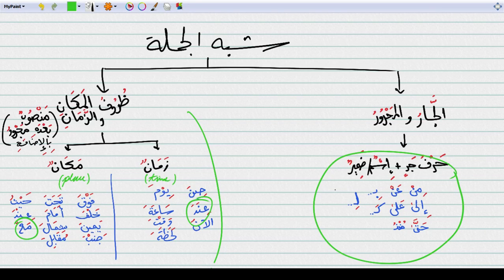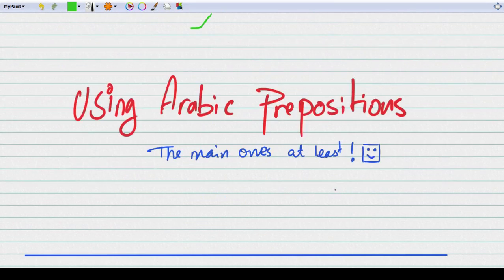And the main idea of this lesson is to learn how to use Arabic prepositions. If you've been learning languages, you know that prepositions are not used in the same way in different languages. So we'll see. So how does it go?